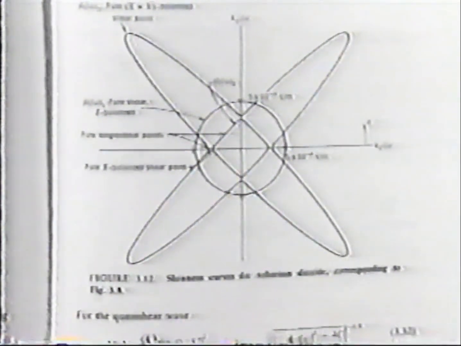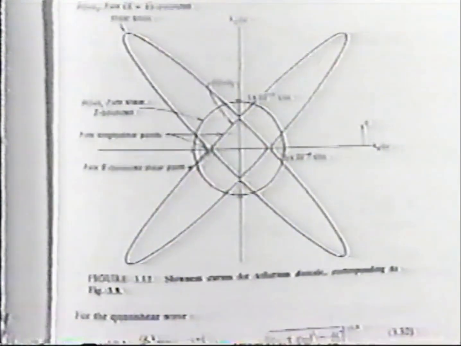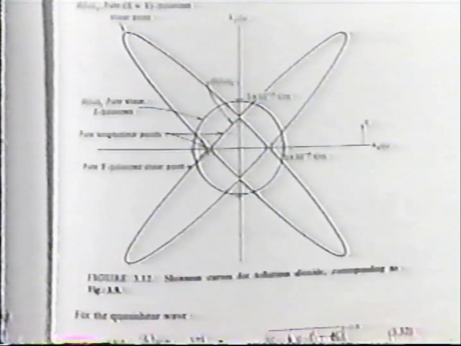Now, some of these contours can take on some rather dramatic shapes. This is, for example, the slowness curve for tellurium dioxide. We call the reciprocal of the velocity the slowness. And so you can see that we can have some very dramatic features. This one happens to have a pure shear, which is polarized perpendicular to the surface that you're plotting on, and it doesn't matter what direction you're at.